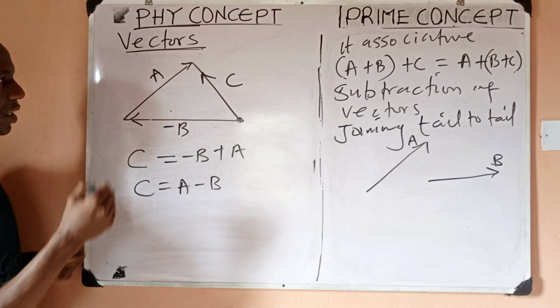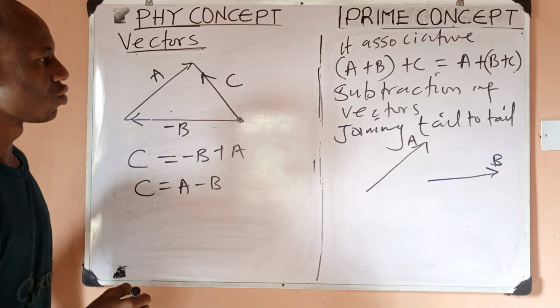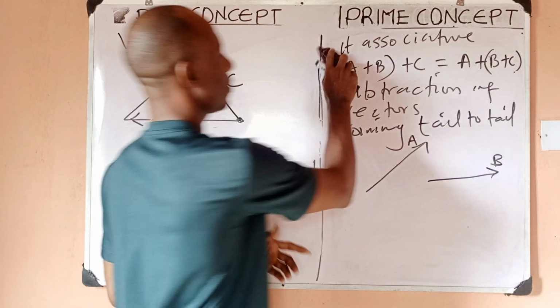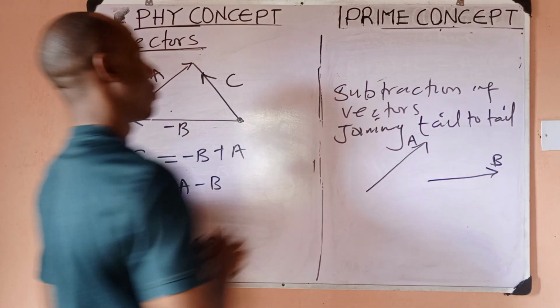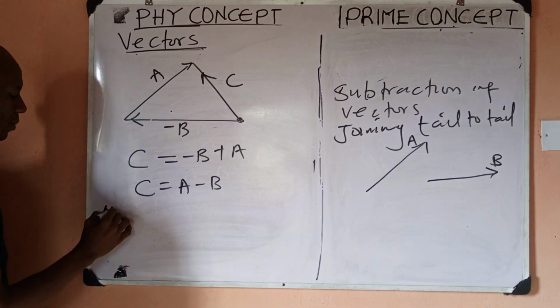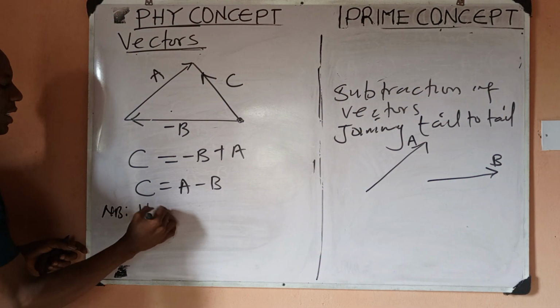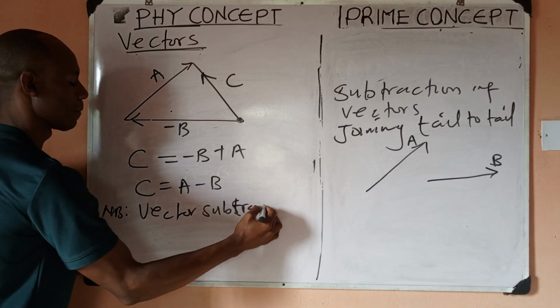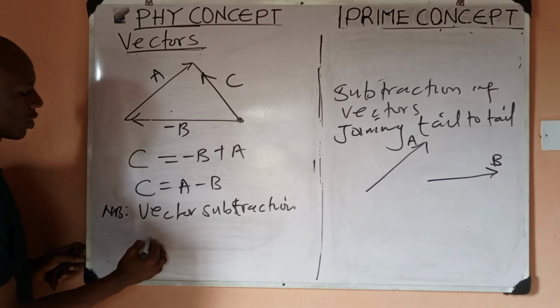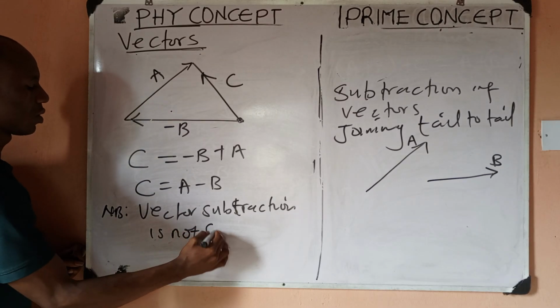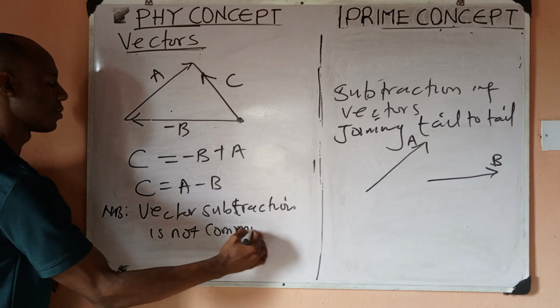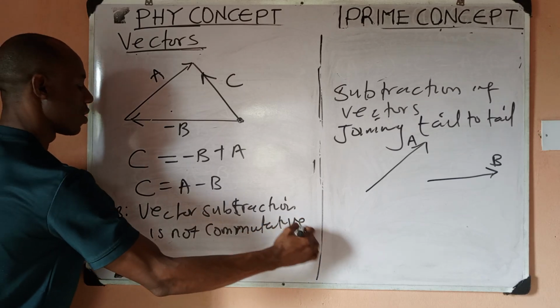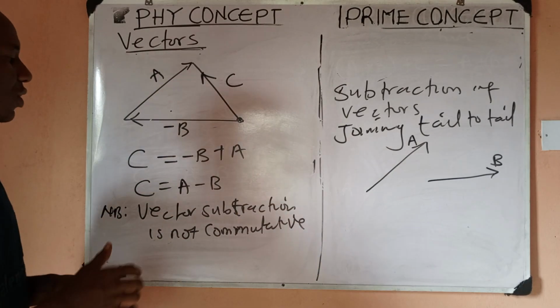Please, very importantly, I want you to note that vector subtraction is not commutative. Vector subtraction is not commutative.